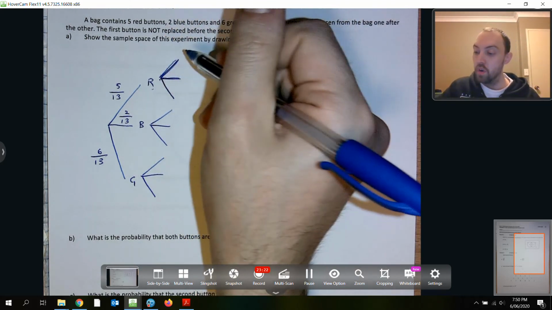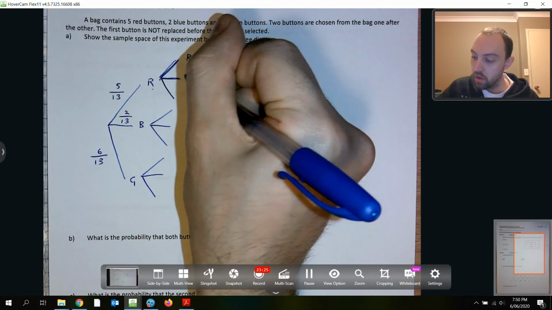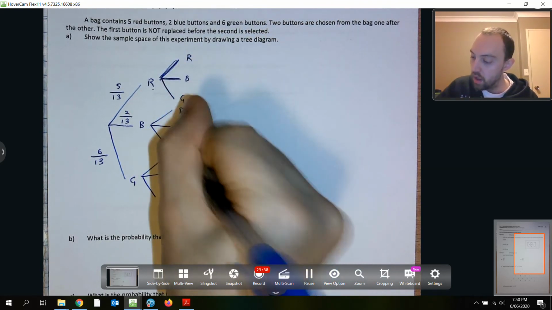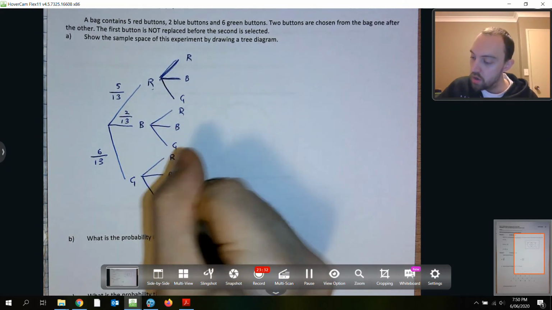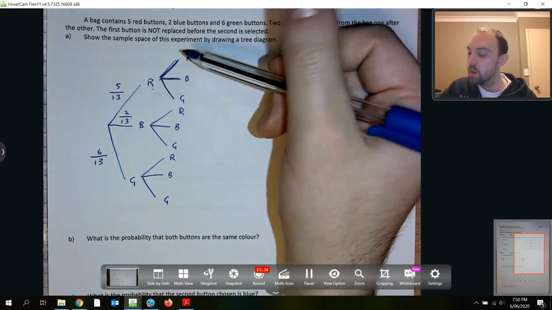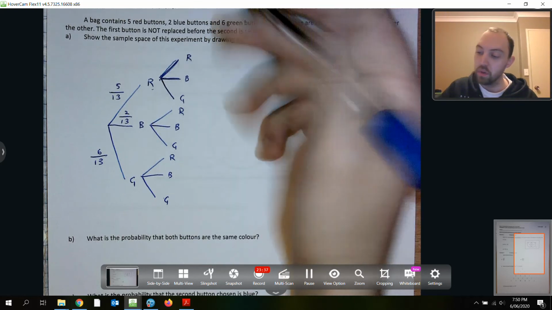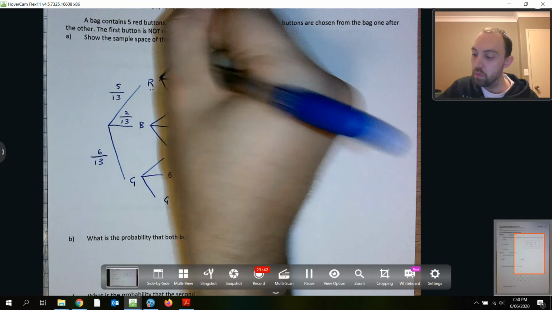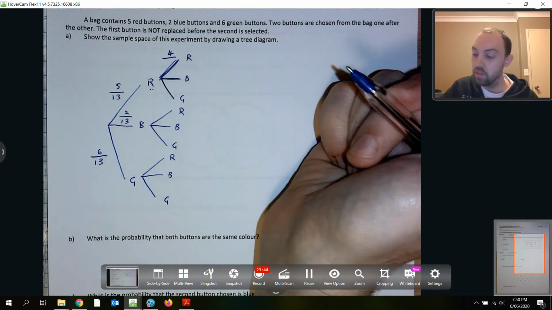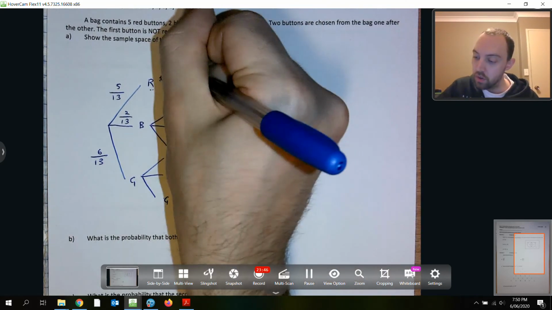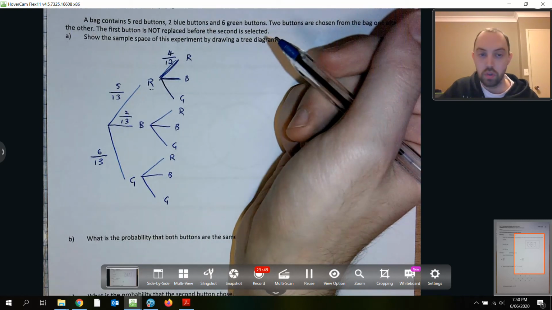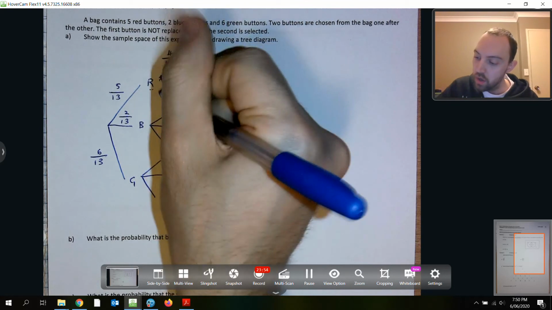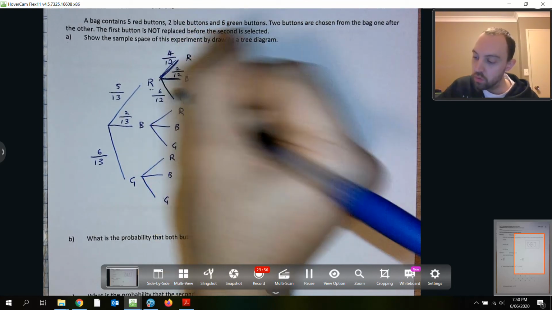So if I have chosen a red, let me just fill in the rest of this tree diagram. Red, blue, green, red, blue, green, red, blue, green. Cool. If I've chosen a red, then there is only 4 red buttons left, and there is only 12 in total. Okay. Blue, still 2, but it's still out of 12, and 6 out of 12 here.